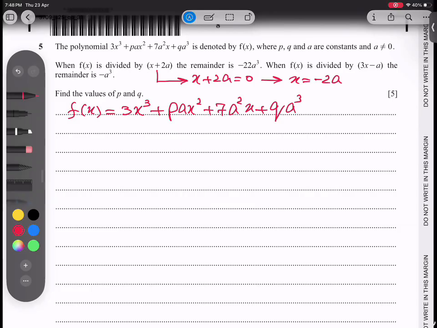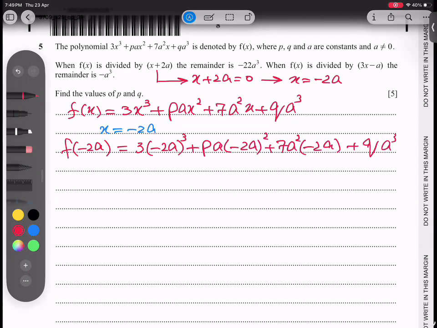It means when I replace every x by negative 2a, you can see left-hand side and right-hand side. Because there are a lot of variables, don't take the risk of trying to do it in one attempt. No, the best idea is to do it step by step. 1-2 extra steps is good for your accuracy level.